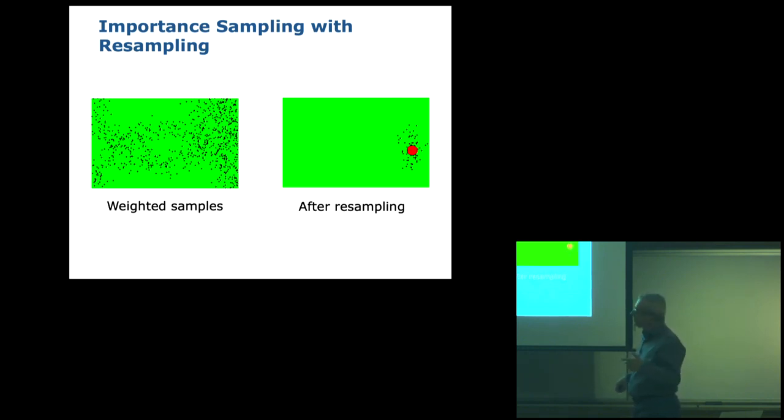It's like a deck of cards where you multiply every card according to its importance weight, so the frequency of a card depends on its importance weight. Then when you draw from that deck of cards with replacement, you put it back in, you in the end get a distribution that is proportional to these importance weights. And this is the algorithm that we are going to use. In principle, this is how it works.